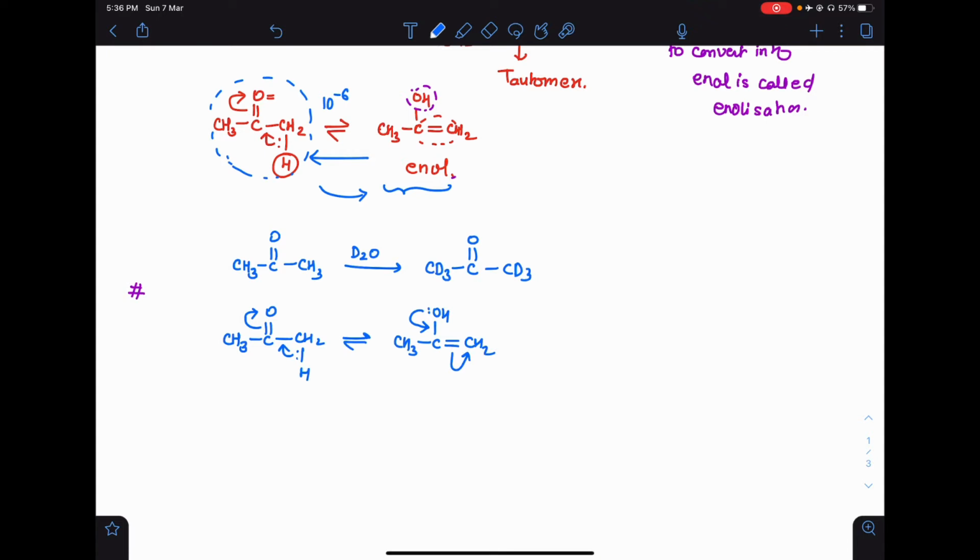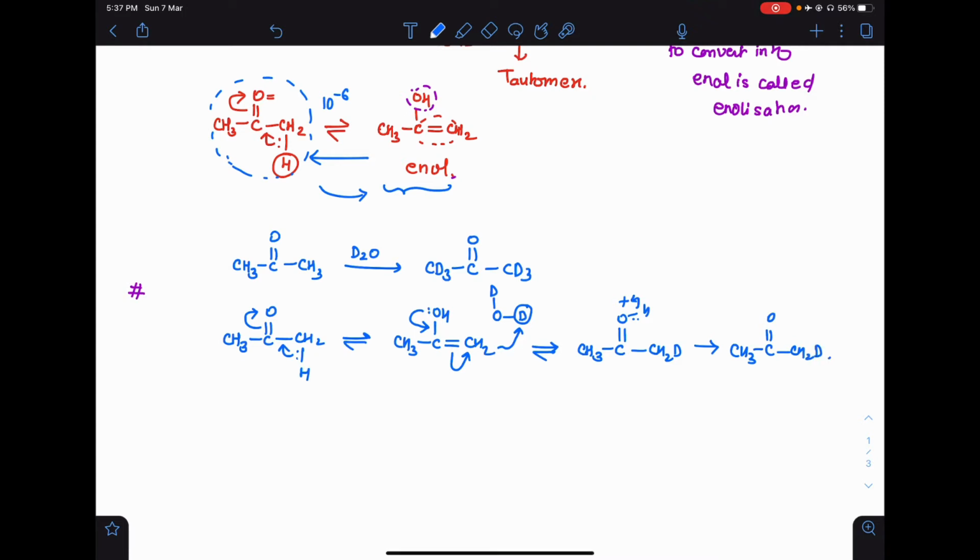Now, because the solvent is heavy water, that is D2O, this negative charge can abstract what? Deuterium from here. And when it does that, what will it form? It will form CH3, C double bond OH positive, CH2D. This hydrogen will leave with both of its electrons so as to get rid of the positive charge, and you will have CH3, C double bond O, CH2D.